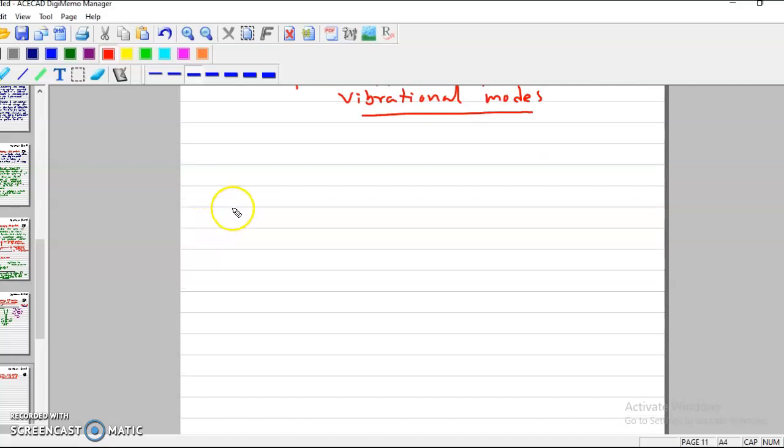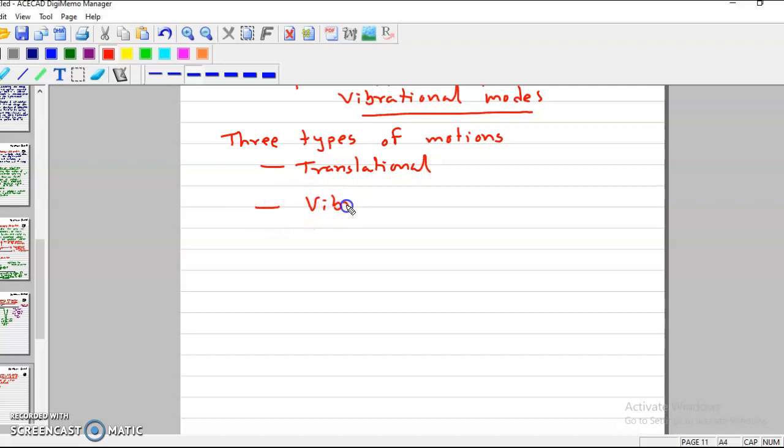But before that, I'll just repeat what I explained in the previous lecture, that there are three types of motions: translational, vibrational, and rotational.